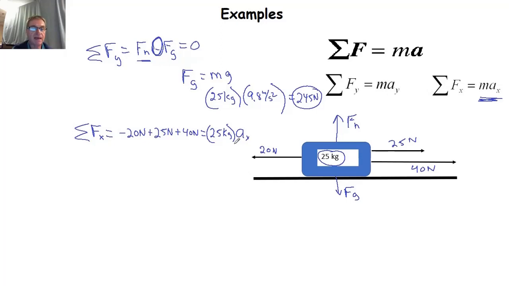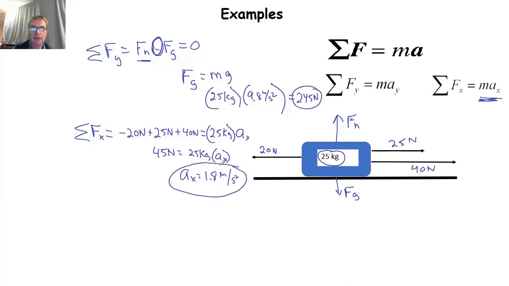Let's add up some of our terms on the left-hand side. Negative 20 and 25 is 5. 5 and 40 is 45, so 45 newtons is equal to 25 kilograms times our acceleration in the x direction. We divide each side by 25 kilograms, and the answer that we get is a sub x equal to 1.8 meters per second squared.